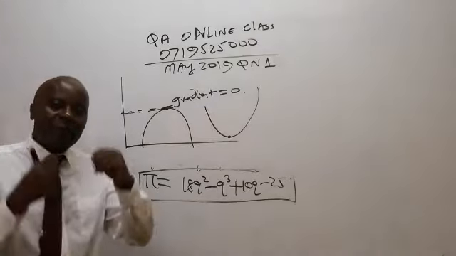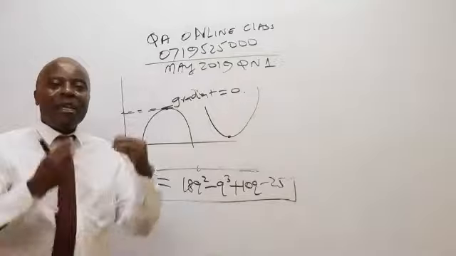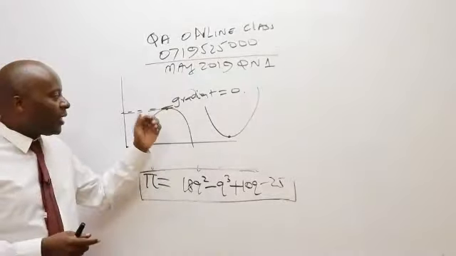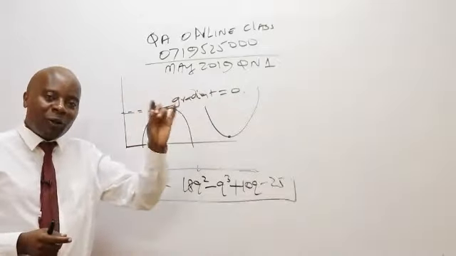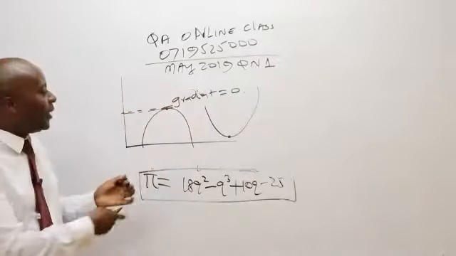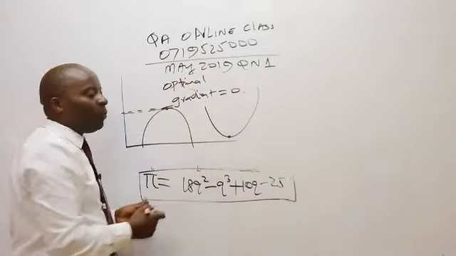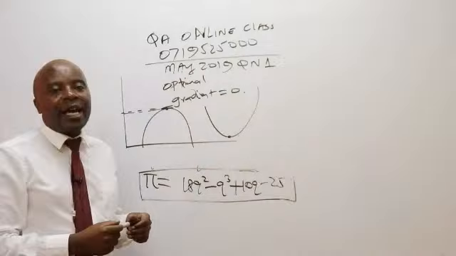Anything you hear about maximizing profit or minimizing cost, you should always know that the gradient at those particular optimal points is always equal to 0.